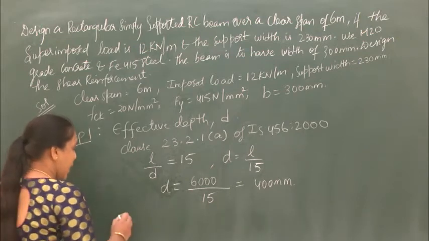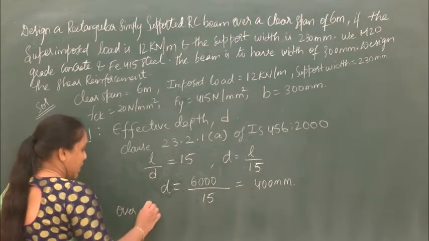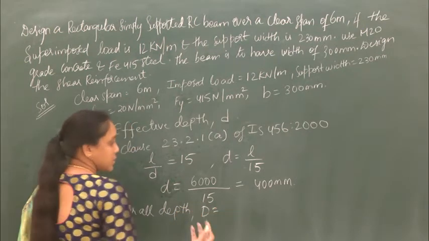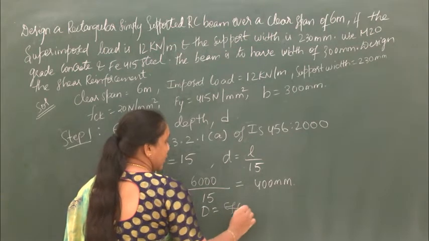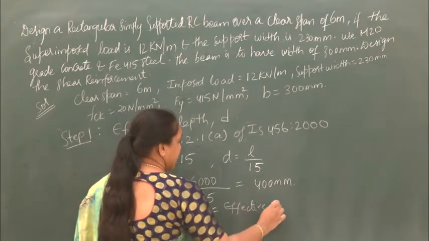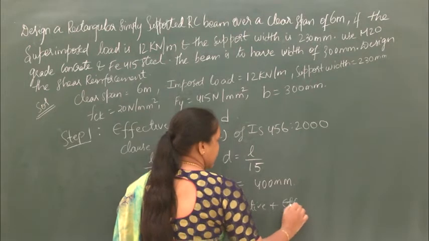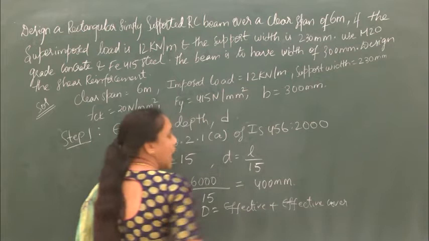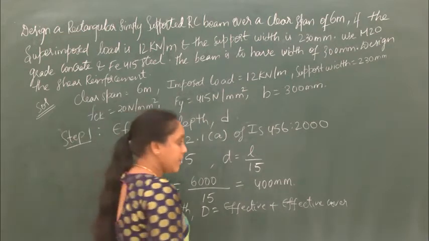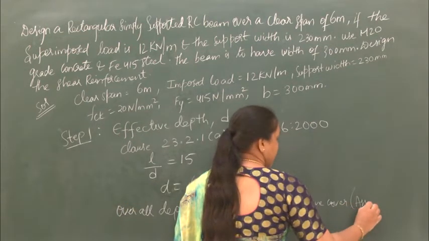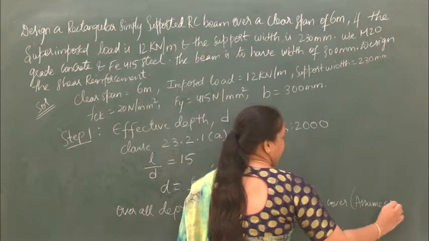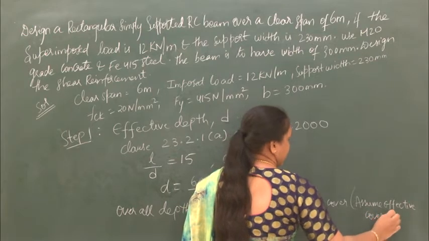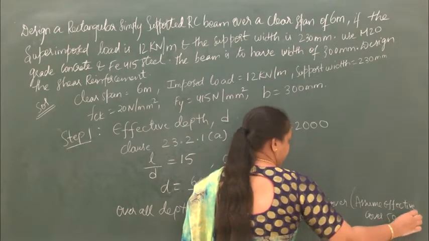Now let us find out the overall depth. So the overall depth D is the effective depth plus the effective cover. Here I am assuming an effective cover of 50 mm.